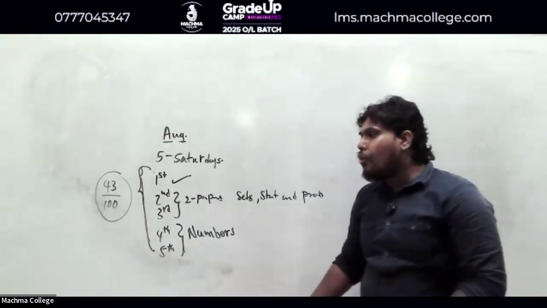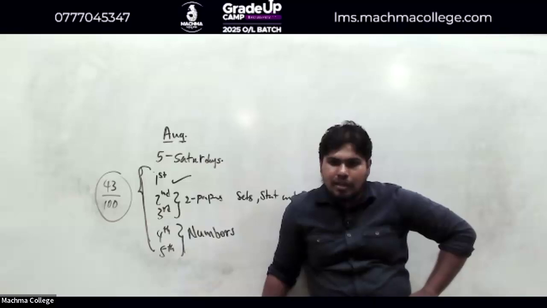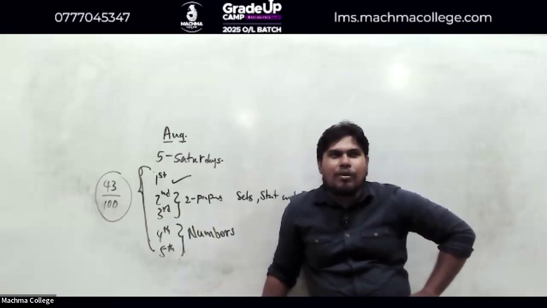And the entire September month is allocated for geometry. We'll only do geometry in September. Sometimes if I feel doing only geometry gets boring, I'll take the measurements parts in between.